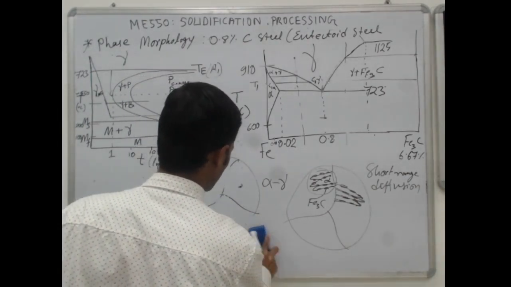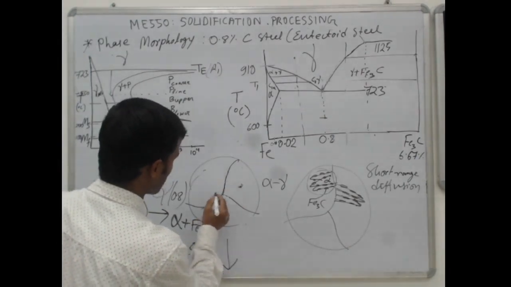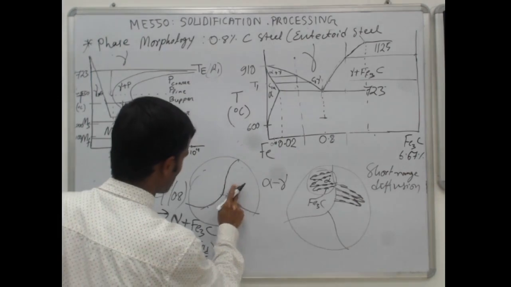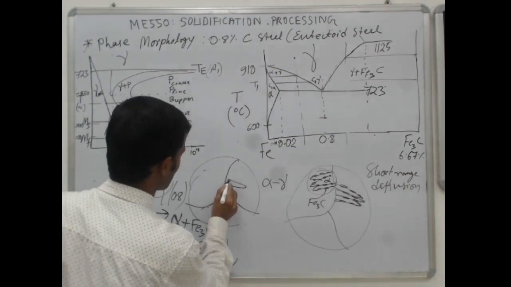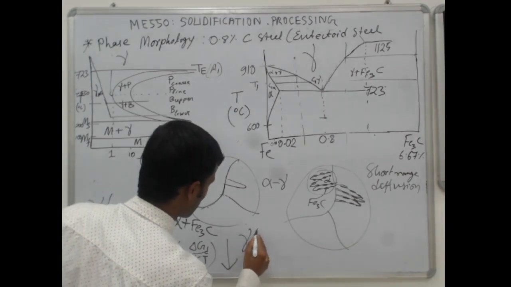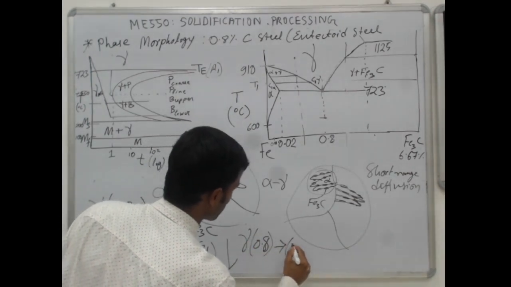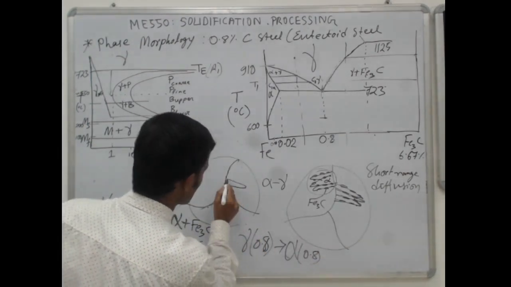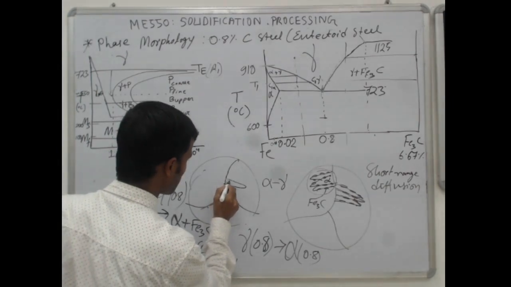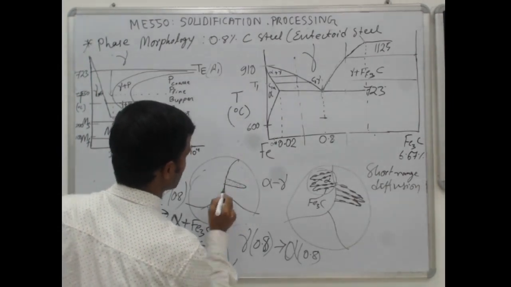If diffusion becomes more difficult, these carbon atoms which are to get deposited on the gamma 0.8%, which gets transformed to alpha 0.8, this alpha where you have the supersaturated carbon inside.